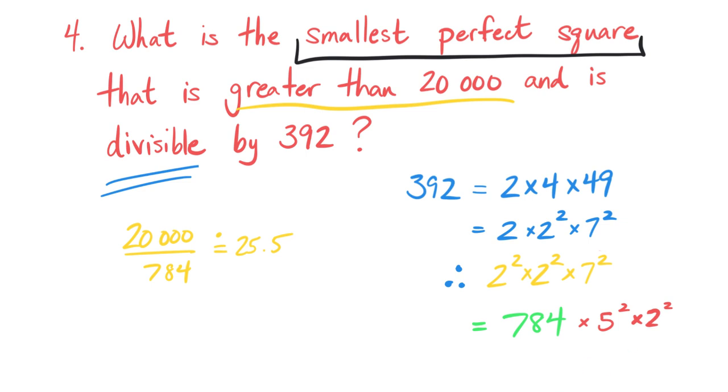So as I'm walking my way through, if I multiply that by 6 squared, then that's going to get me to something that's still a perfect square, but closer to the 20,000. So why am I multiplying by 6 squared? Because 6 squared is going to be the smallest perfect square bigger than 25.